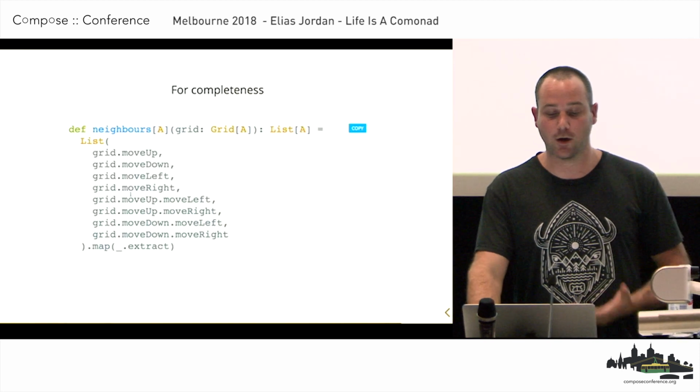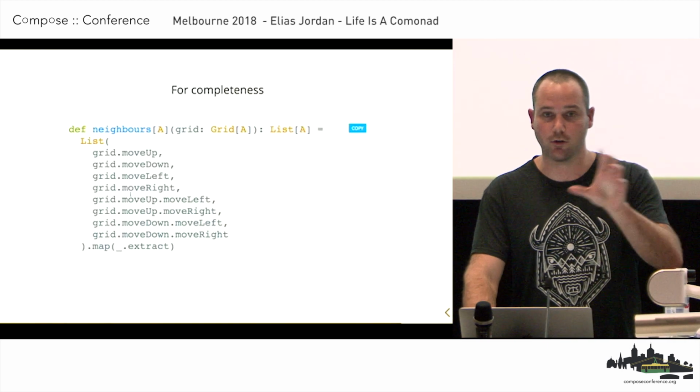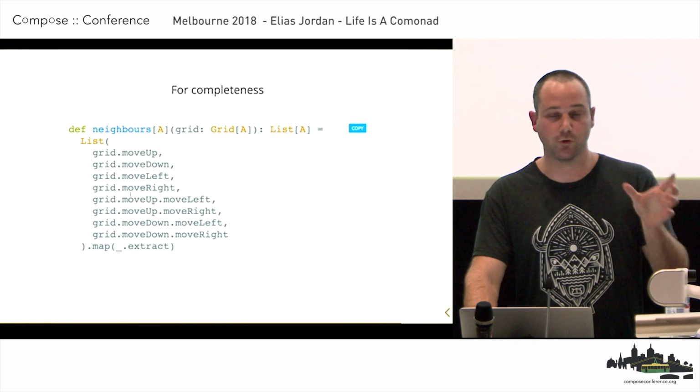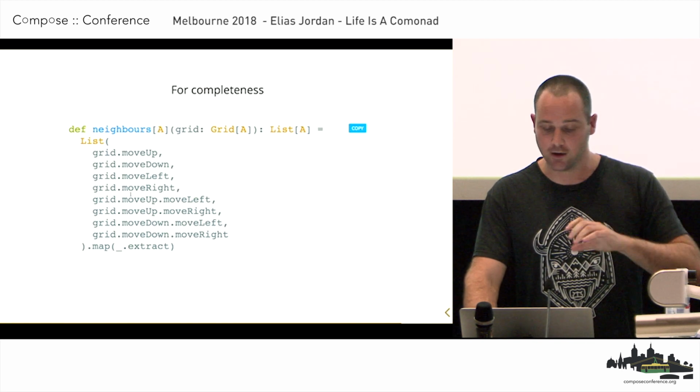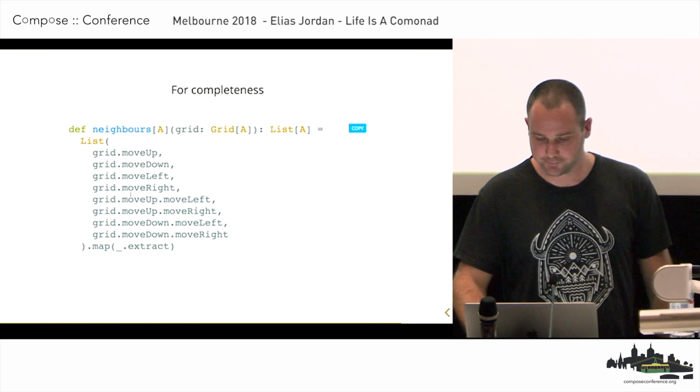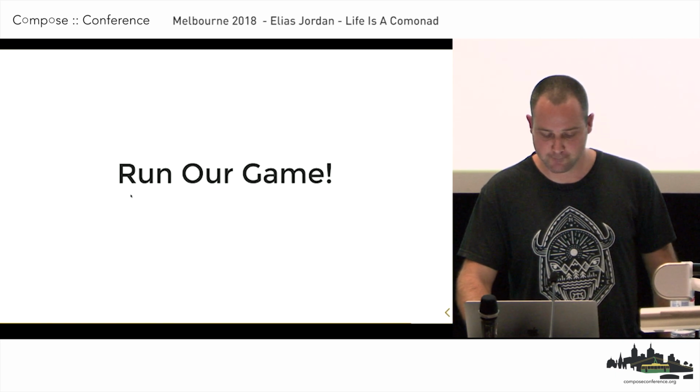Just for completeness, this is how I found the neighbours of the current focus element, just leveraging the move left and move right, move up and move down functions we defined. Alrighty.